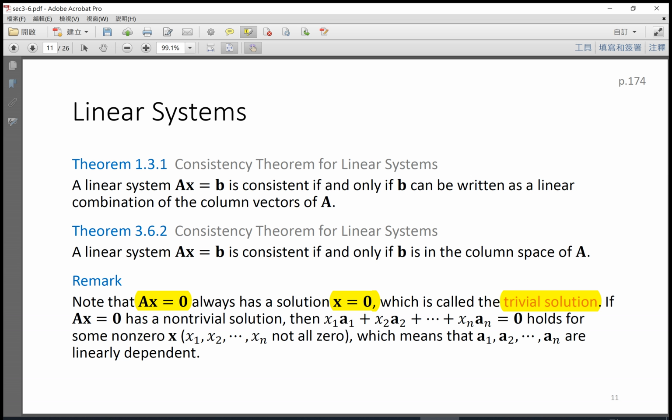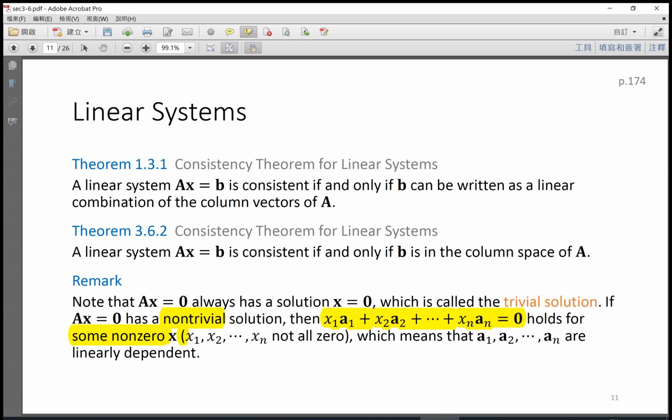If Ax equals 0 has a non-trivial solution, this means there exists some non-zero x, which means x1, x2 up to xn not all 0, satisfying x1 a1 plus x2 a2 plus up to xn an equals 0.